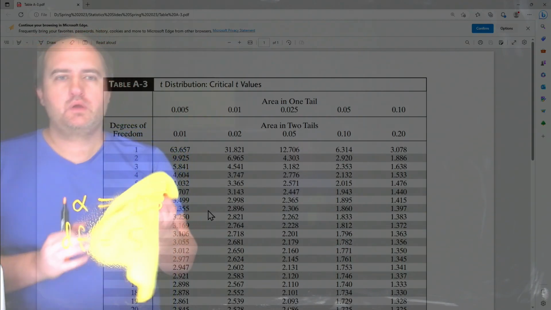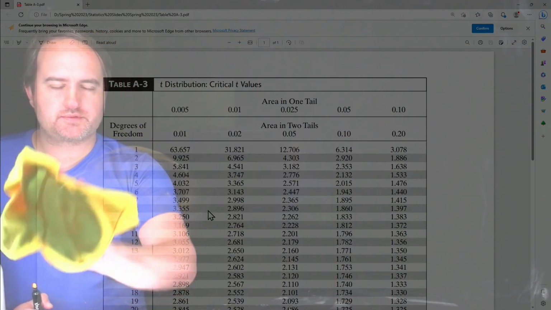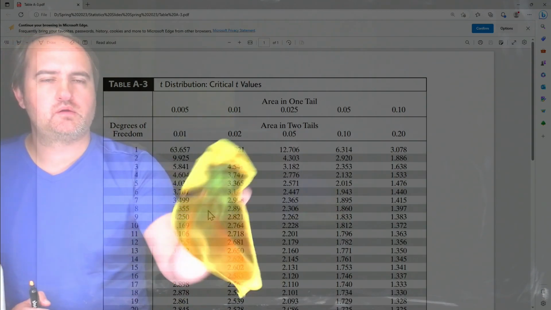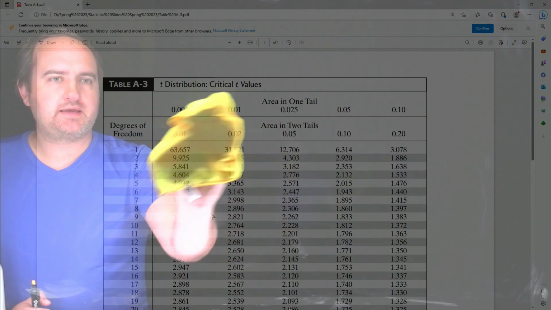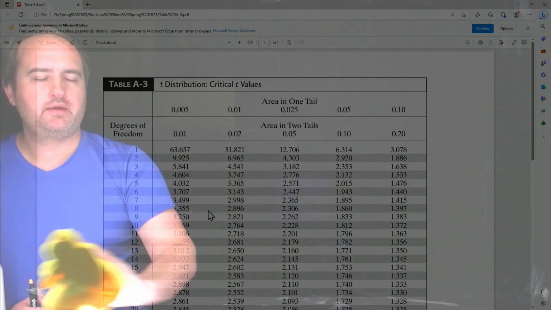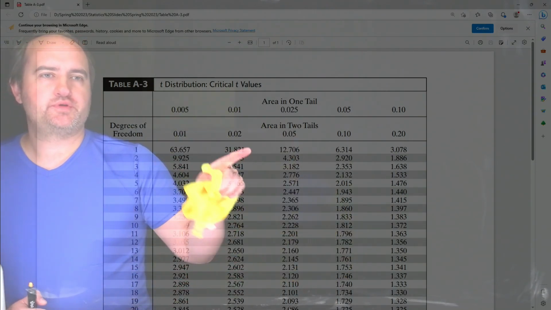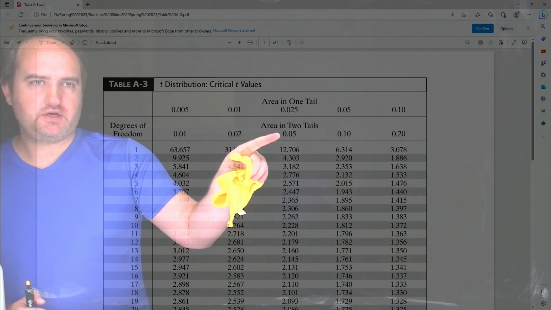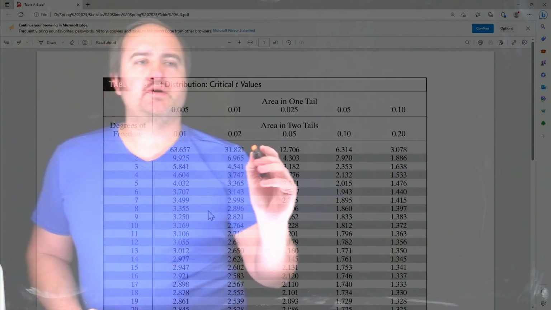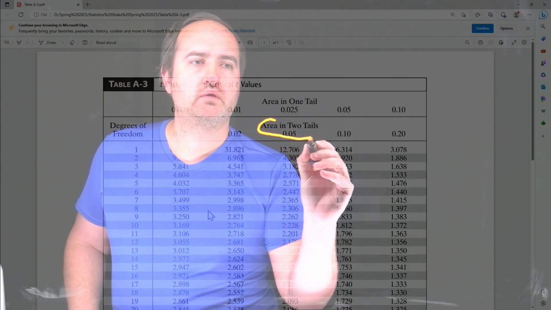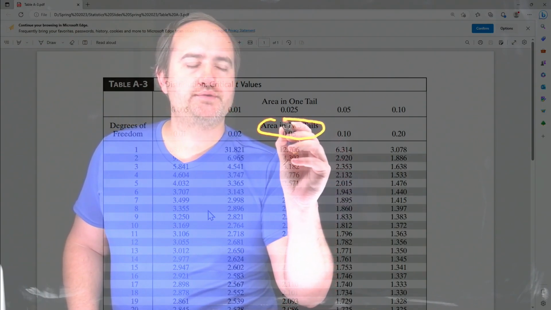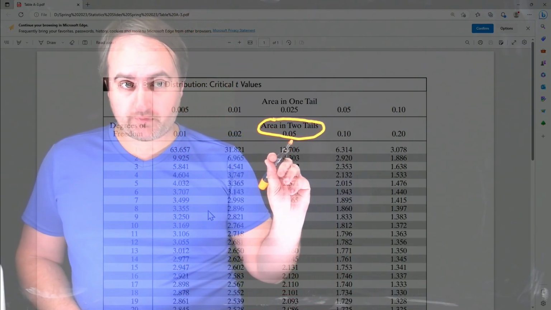So it's kind of obscuring the table, so let me erase that. So alpha is the same as the area in two tails. So if you look at the top where it says area in two tails, here's 0.05. So we're looking at this middle column here. This is the area in two tails of 0.05, that's our alpha.